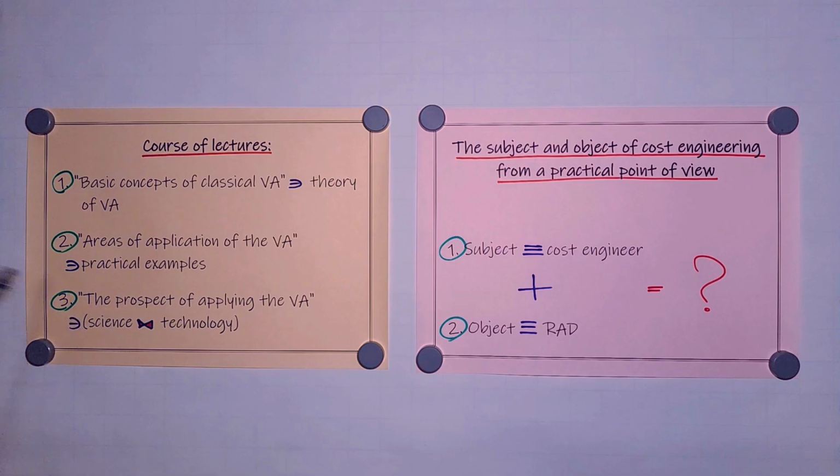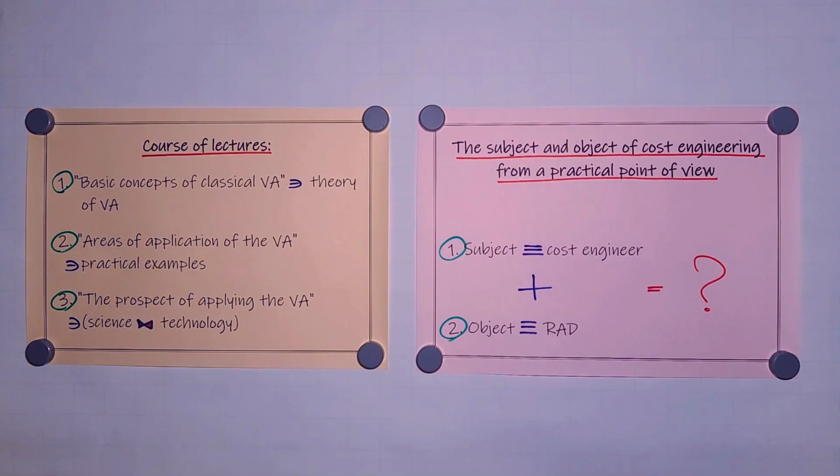The section "Prospects of applying value analysis" presents a set of theses regarding the most relevant areas of development and scientific areas that can be used within the framework of value analysis.